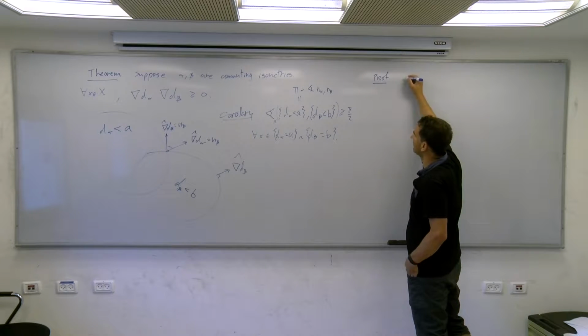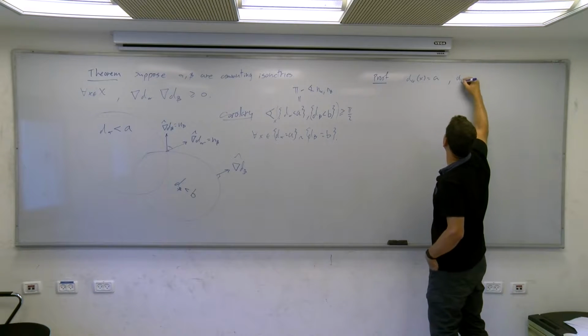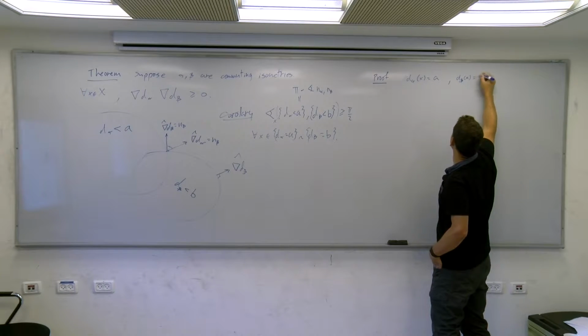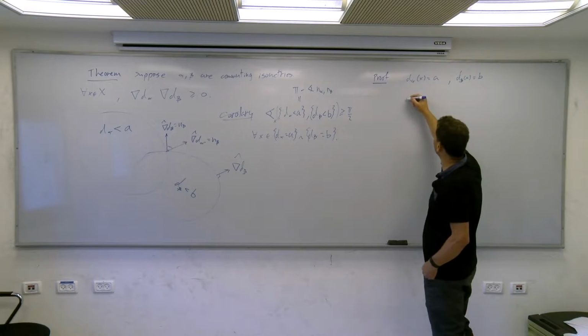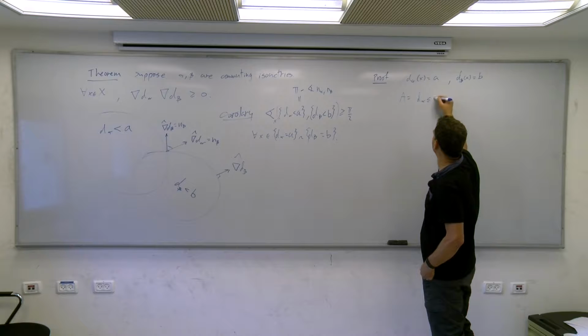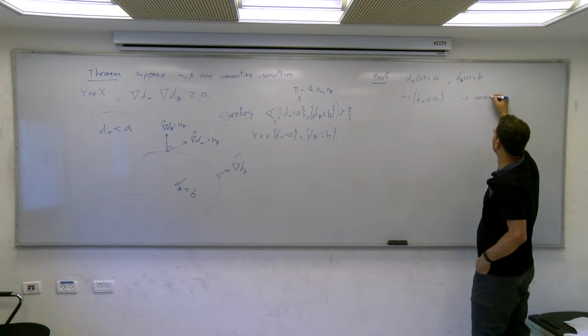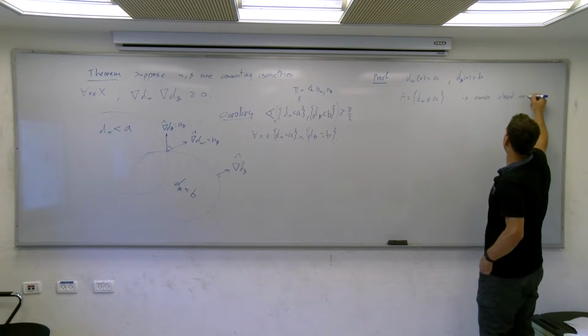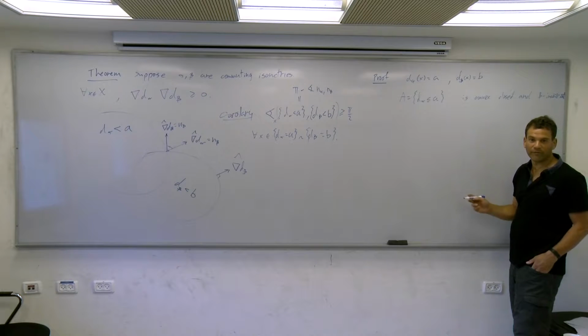Let x be such that d_alpha of x is a and d_beta of x is b, and I look at the set A to be d_alpha less than or equal to a. It is convex, closed, and beta invariant. Here I use the commutativity.